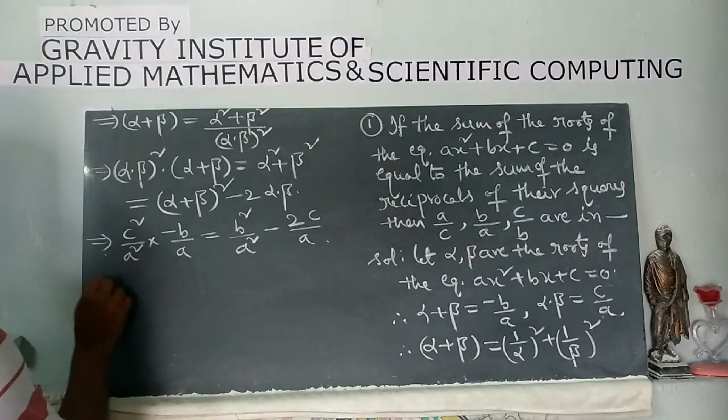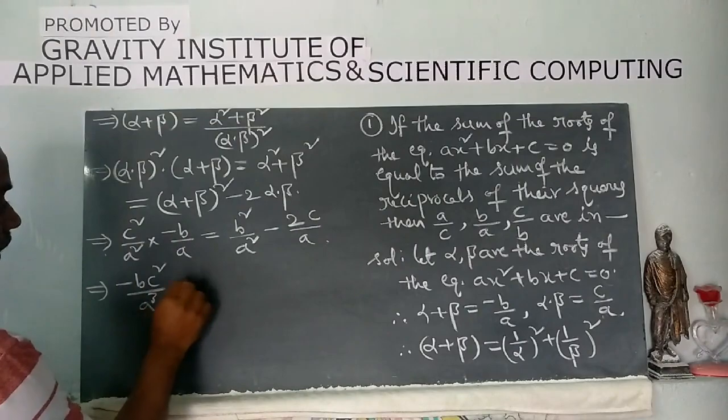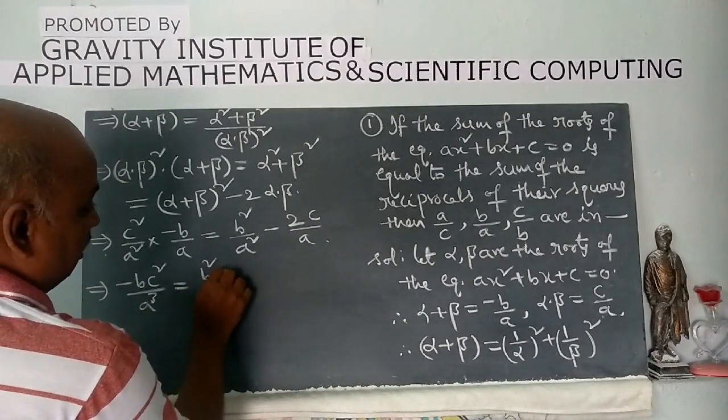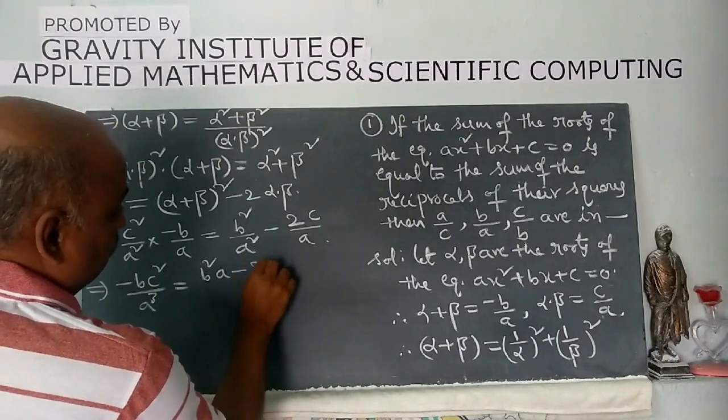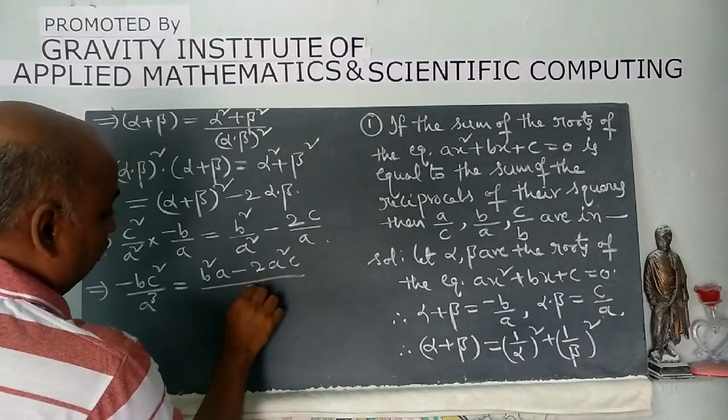So this implies minus bc square by a cube is equal to b square a minus 2a square c by a cube.